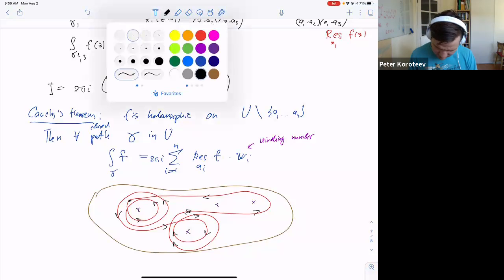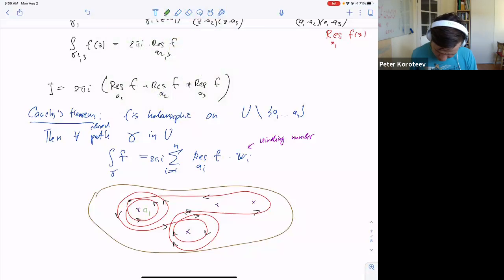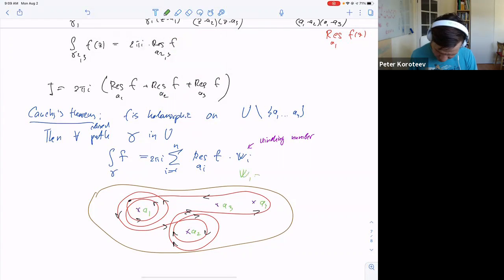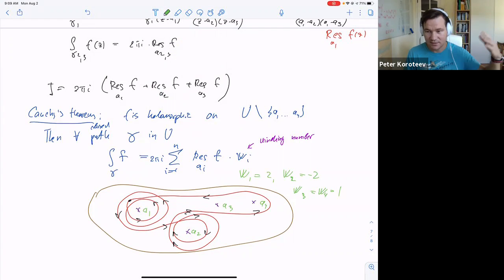So if this is A1, A2, A3, and A4, in this case the winding number for 1 is equal to 2, the winding number for 2 is equal to -2, and the winding number for 3 and 4 is 1. So it will be the answer with coefficient.